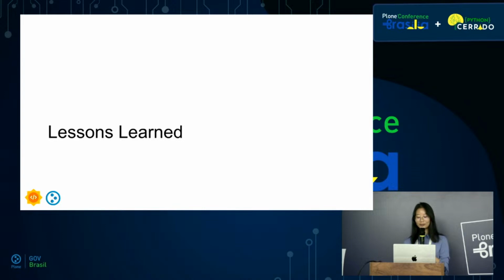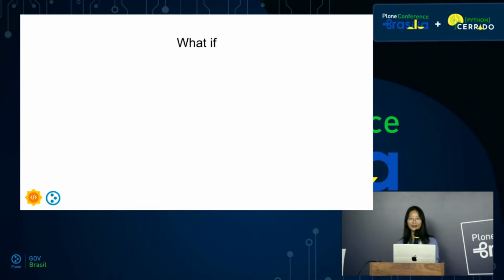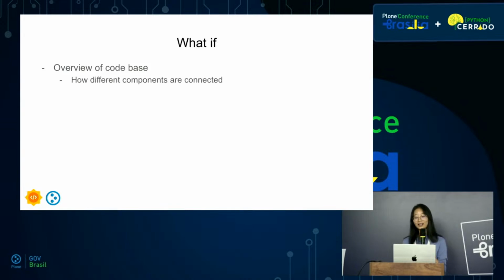So lessons learned. What if I could travel back in time to when I first started the project in May? I think I would greatly appreciate if someone could give me an overview of the code base, like how different components are connected, how different folders are connected, and how all of those files work together to make this whole thing work.